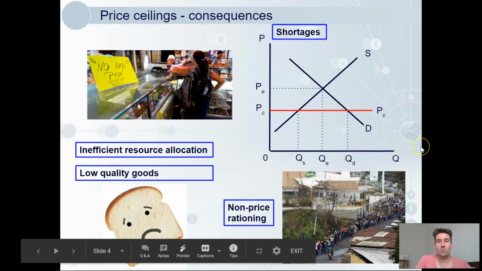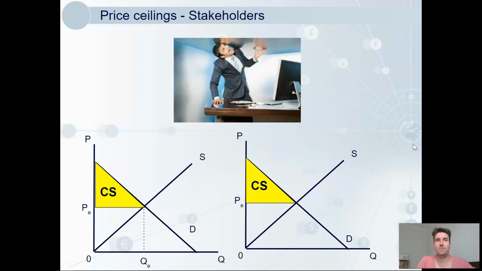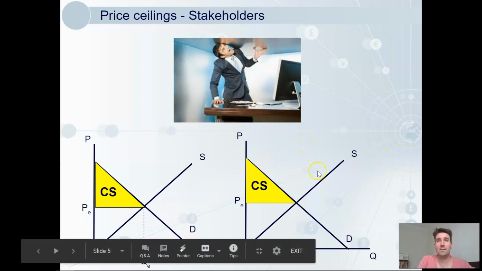Now, we're going to look at the impacts of price ceilings on our key stakeholders. So consumers, some gain in the form of a lower price, but some lose because not everyone is satisfied.